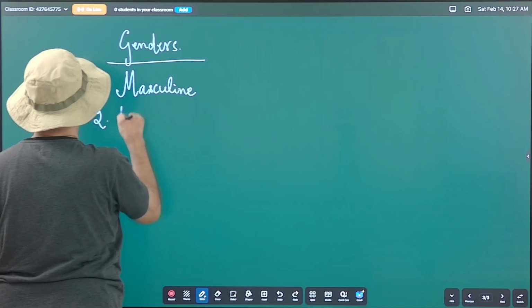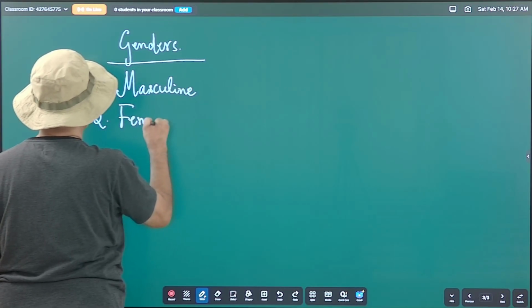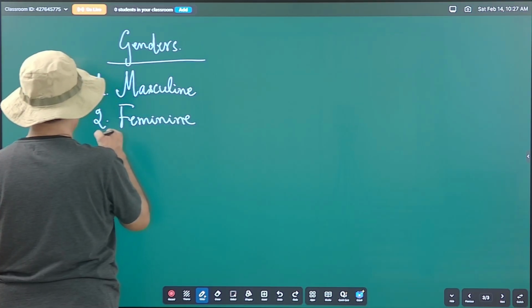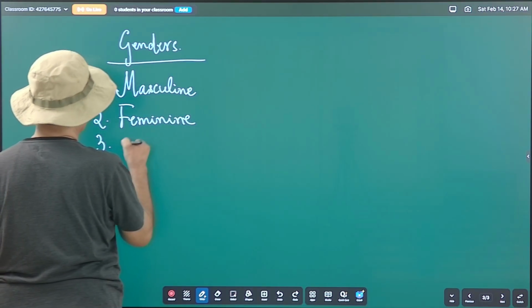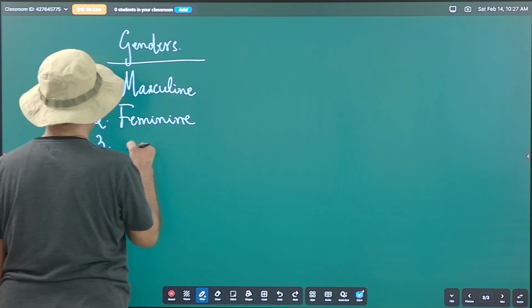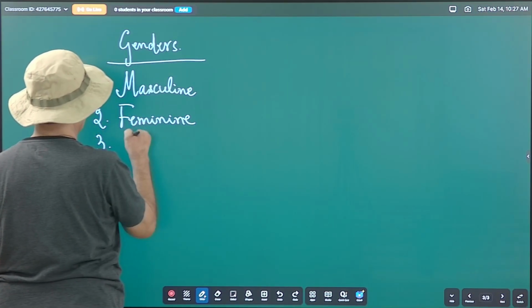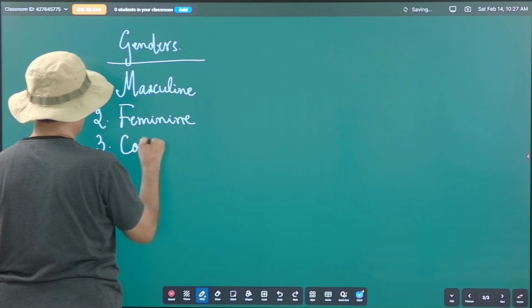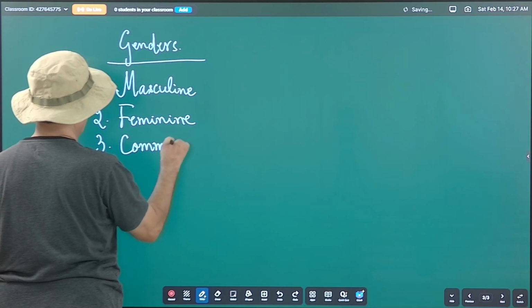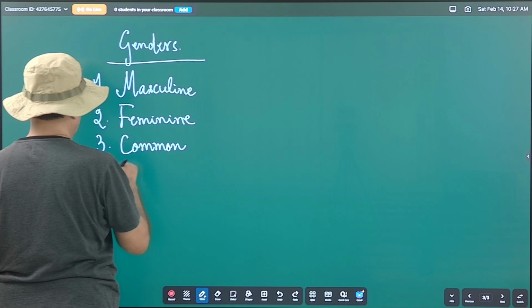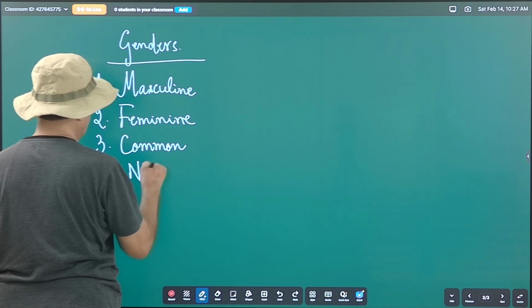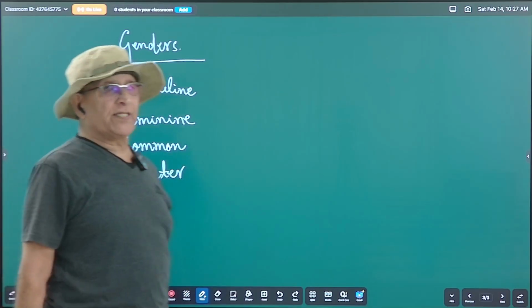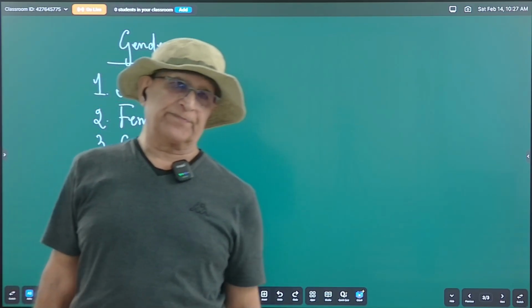Second one, feminine. Third, who can say? Masculine, feminine, then common, and the last one, neuter. There are four genders in English.